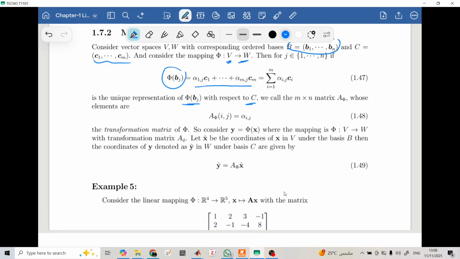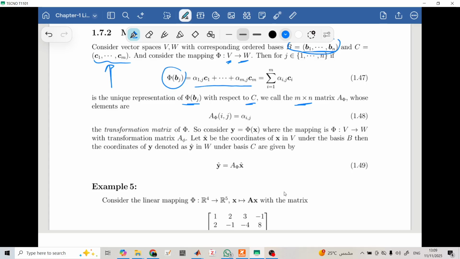The matrix would have m rows, which is the number of elements in C, and n columns, which is the number of basis vectors. So we can stack them beside each other.